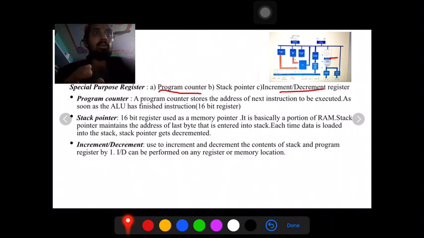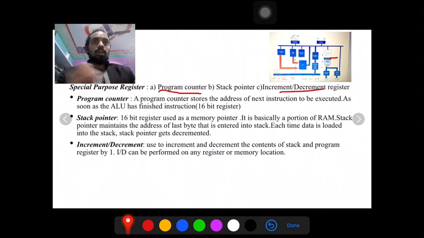It can go up to 3000 Dhrystone MIPS performance. That means millions of instructions per second. Dhrystone is basically a benchmark from the 1970s, and they are comparing the performance with that.